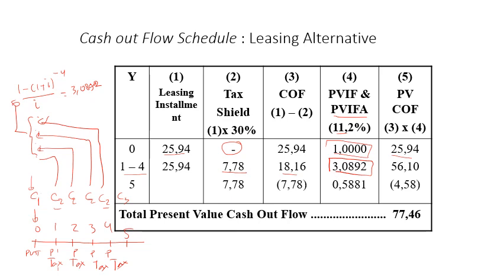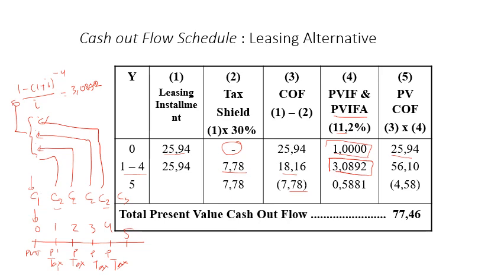Okay, and then the present value of that is 56.10. Now at year 5, there is no longer a leasing payment, but there is a tax shield. Because the cash outflow is 1 minus 2, this becomes minus 7.78.